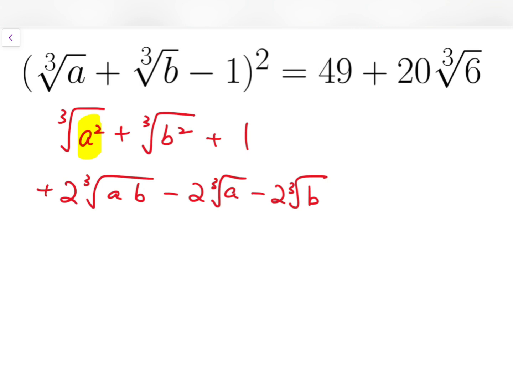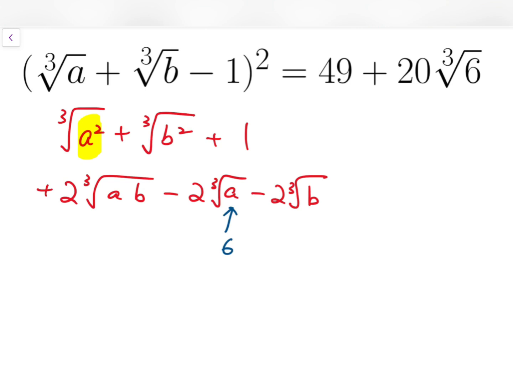But when a equals 6, of course I can have terms like this in terms of cube root of 6. But the first term, the one in yellow, is actually cube root of 36, and I need some other terms to cancel that out. So it seems the way out is that I have to assign something, maybe a multiple of 36, into the other term, so that we have a hope of simplifying things.